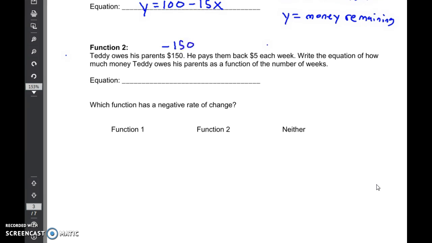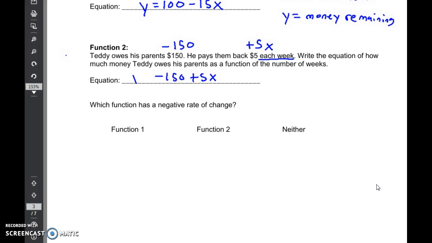So that's going to be a negative 150, and to pay back, we're going to say that this is a positive 5, and this is the per week, so we're going to put an x with that. So we have negative 150 plus 5x, or 5x minus 150, either way.